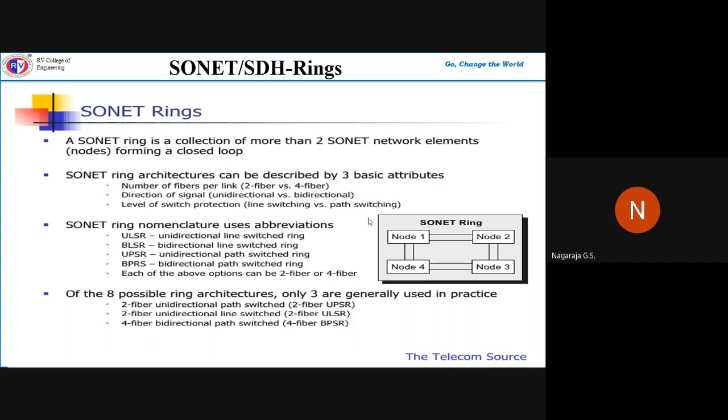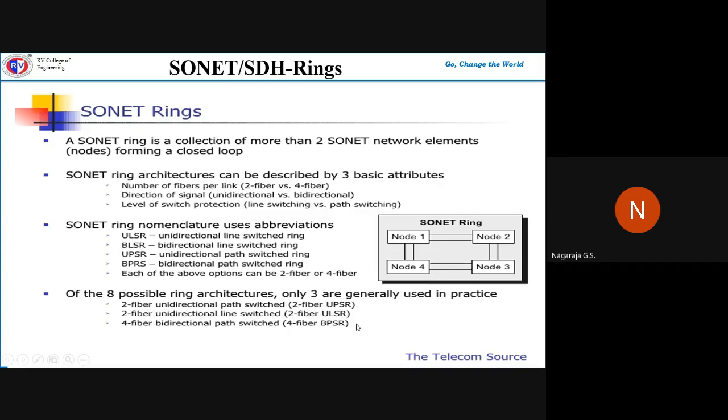Apart from that, there are 8 possible ring architectures in case of Sonet. One is the 2-fiber unidirectional path switch network, then the 2-fiber unidirectional line switch network, and the 4-fiber bidirectional path switch network.